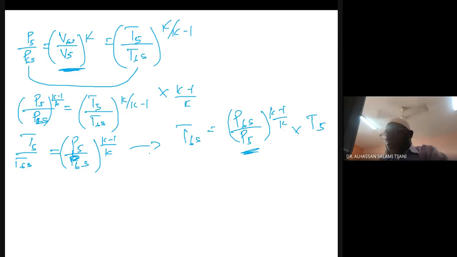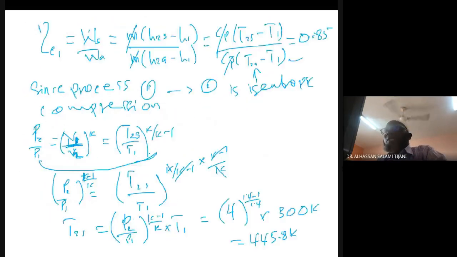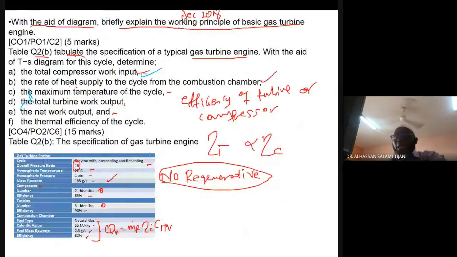But we are told in the question, be careful over here, that the overall pressure ratio equals 16. This overall pressure ratio is applicable for both compressor and the turbine.